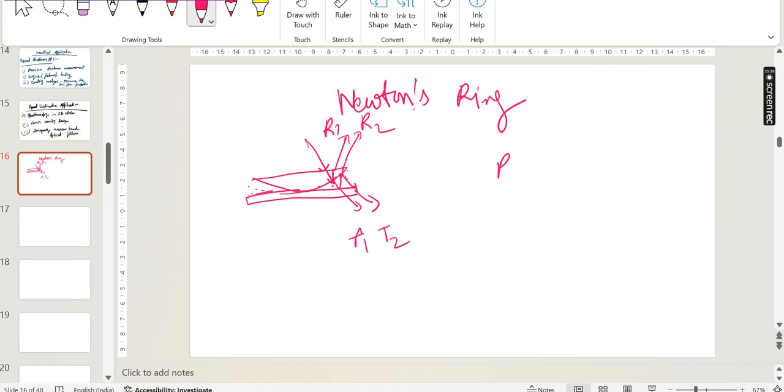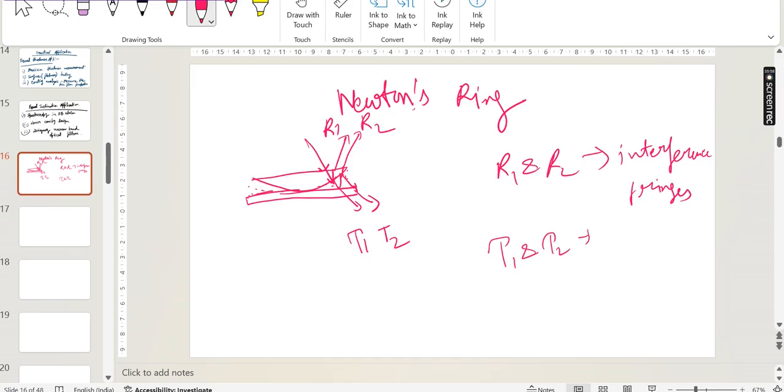Both R1 and R2 can generate interference fringes, and T1 and T2 also generate interference fringes.